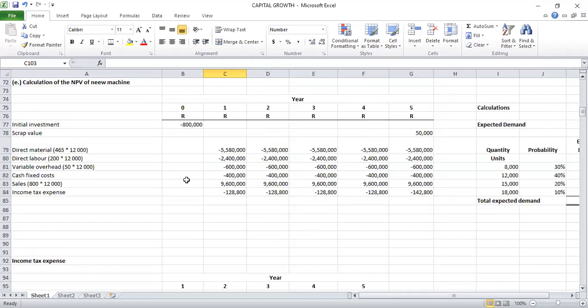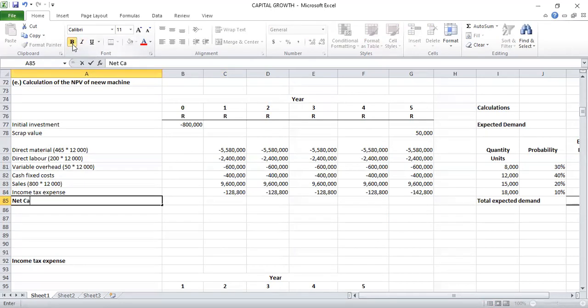Right. Then we get our net present cash flow for each year.